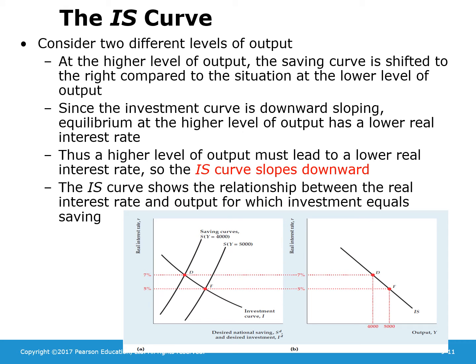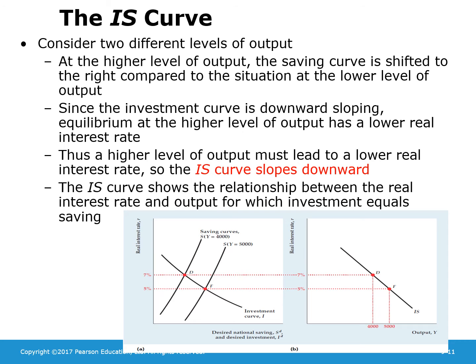The IS curve shows the relation between the real interest rate and output for which investment equals saving. So it's a relation between the real interest rate on the vertical axis and output on the horizontal axis, at which the goods market is in equilibrium. What does this mean? That investment equals saving. So any point on the IS curve is actually derived from the saving investment diagram. It's a point at which saving is exactly equal to investment.